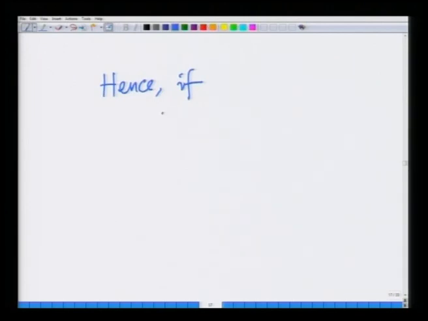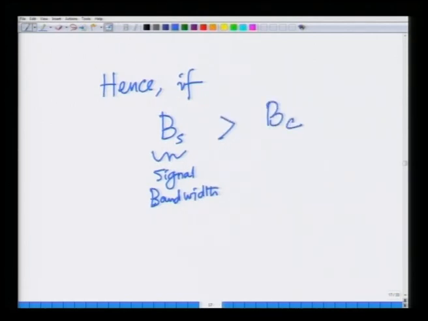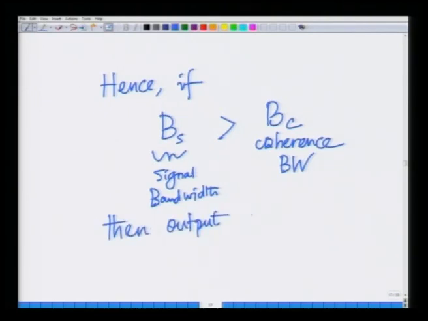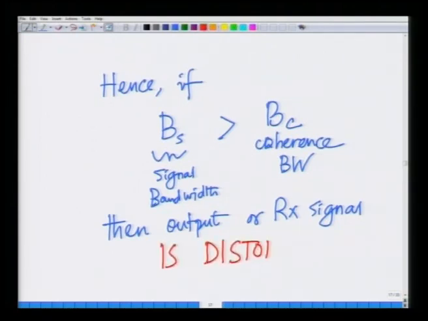Hence, if Bs, which is the signal bandwidth, is greater than Bc, which is the coherence bandwidth, then the output or received signal is distorted.